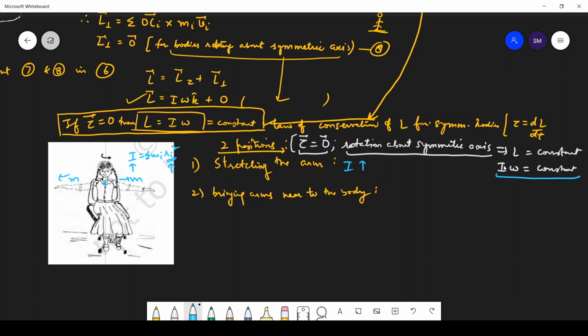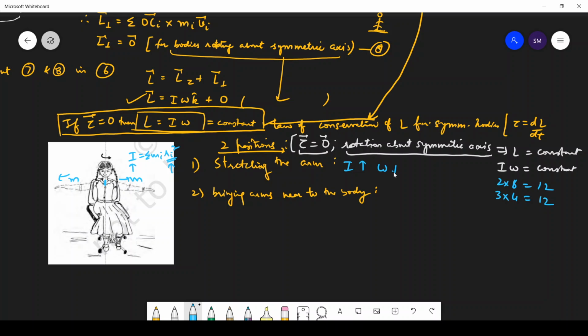Suppose 2 multiplied by 6 is 12. This 12 is constant, but if you are increasing I, then definitely omega will decrease.